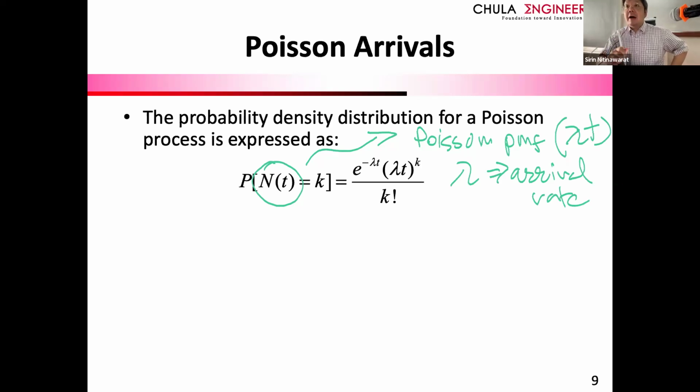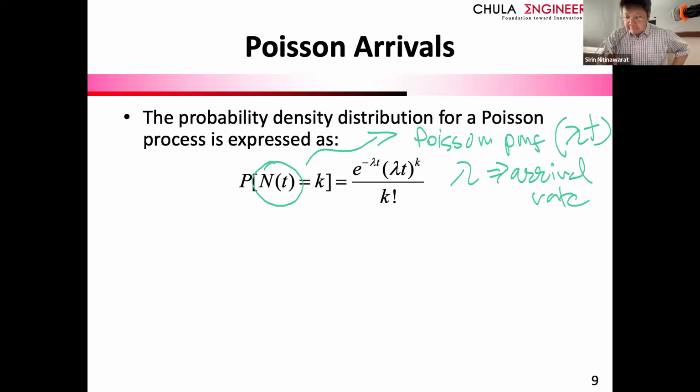And for a fixed arrival process, you fix lambda, okay? So the mean of the number of customers arriving within time period T will scale linearly with T, right?